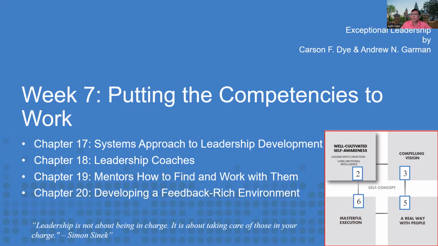Now, when we started this course, I believe I mentioned that, unlike any other course, there are significant aspects of learning which we can directly utilize to transform ourselves. In this case, the different leadership capabilities which we can bring to the table in different situations. If you master all of these 16 competencies, you will become an exceptional leader, as promised by Carson and Andrew.